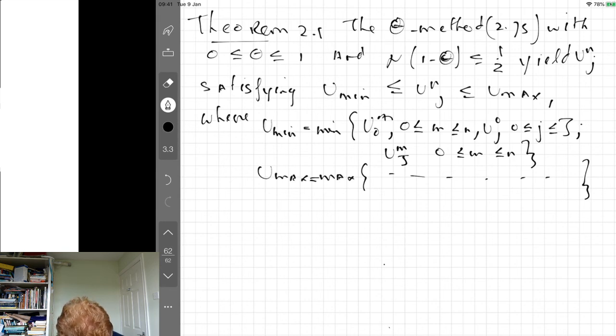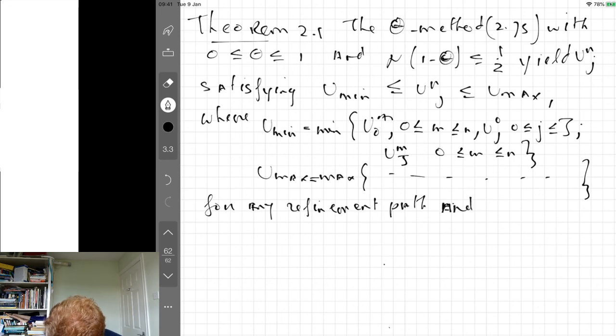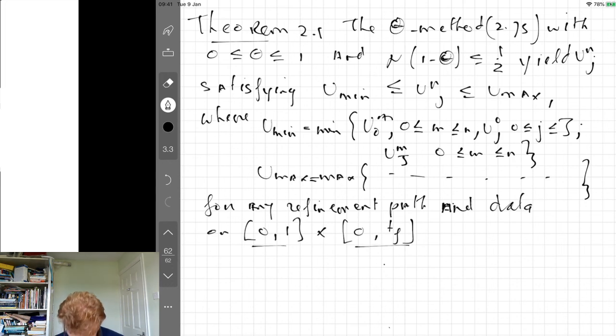It yields for these conditions that for any refinement path, and data on 0, 1, the domain in space, and the domain in time, that the truncation error, in this case T at n plus half, j, being a more convenient spot, goes to 0.